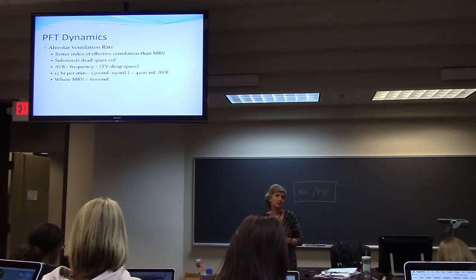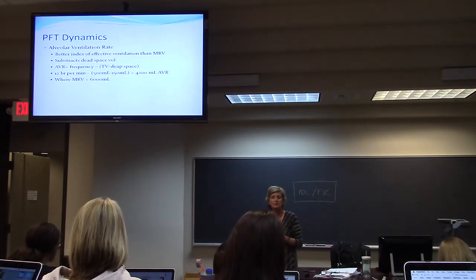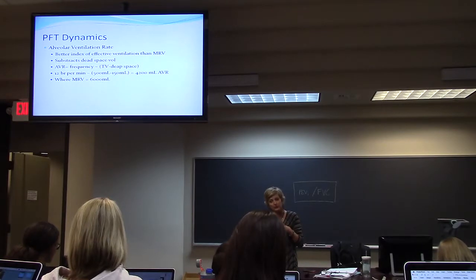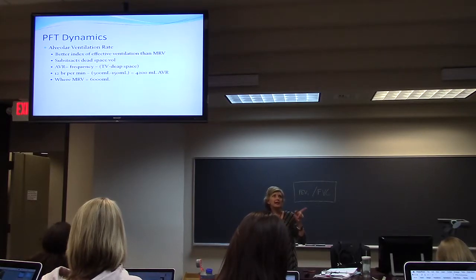And then here's another one you may see. There was minute respiratory volume, but a better way of looking at how much you're really moving in a minute is by subtracting the dead space, basically, and looking at alveolar ventilation rate. How much air are you really getting to the alveolus? So it's maybe a little better measure than minute respiratory volume.